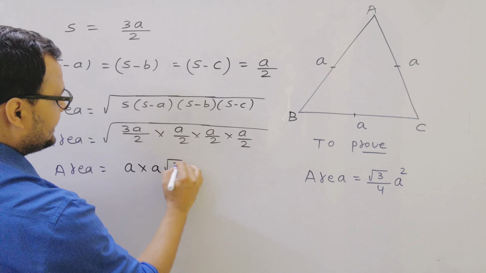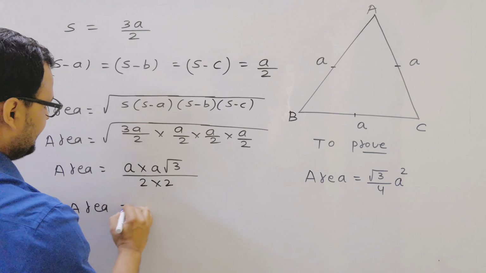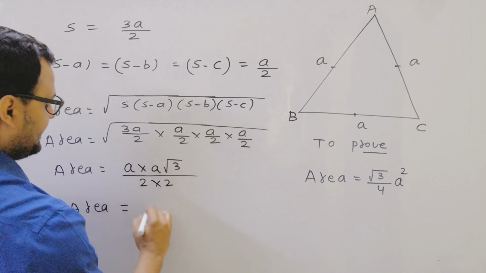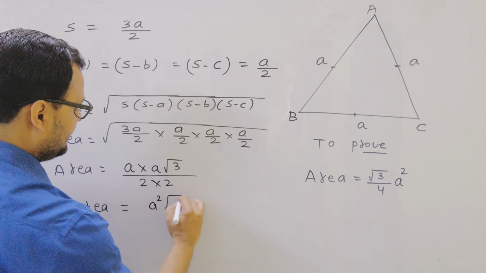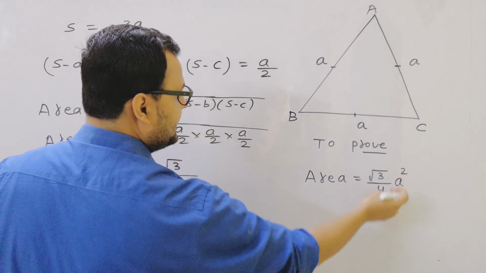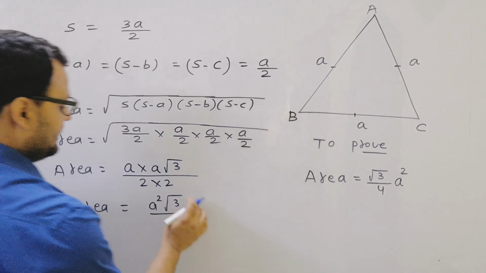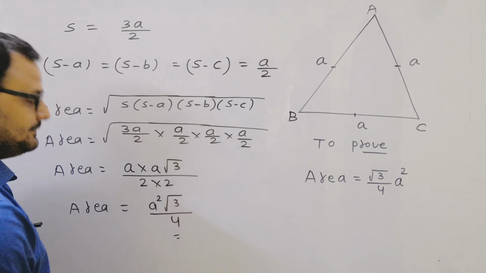For this two times 2, one 2 will come out. Again for this two times 2, one 2 will come out. Now if I simplify this, I got a into a square root 3, and 2 into 2 we got 4. And the same thing, root 3 by 4 a square or a square root 3 by 4, both are the same.